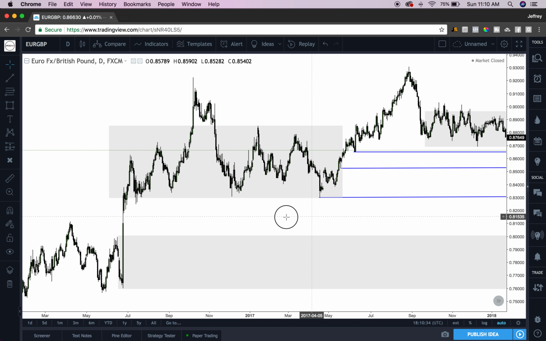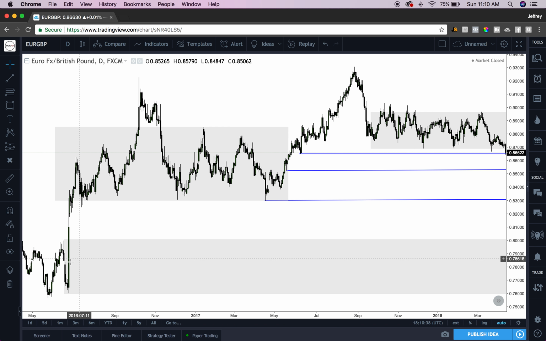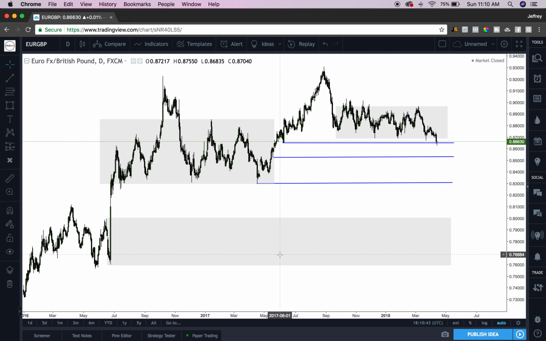Now, if we trade below this consolidation into that level, I'm thinking that this could be a good support level, and it may not be an overall change in trend, but it may give us a significant retracement back up into possibly this level here, or if it's strong enough, maybe we even go all the way back up here and retest.